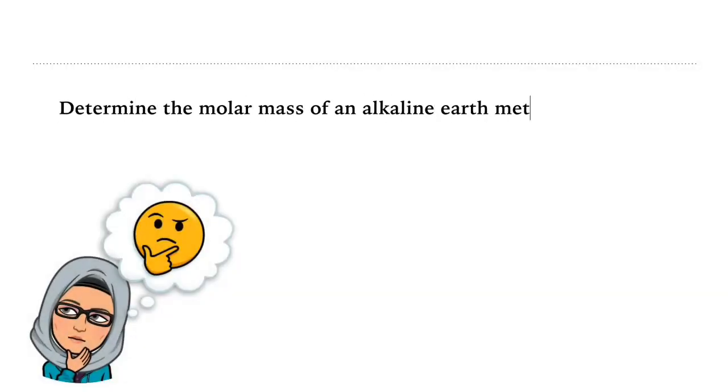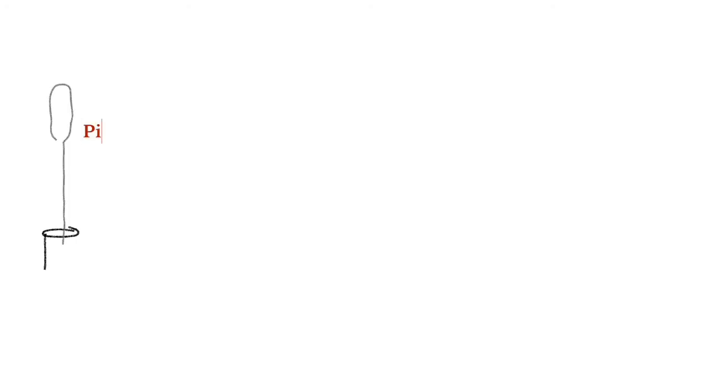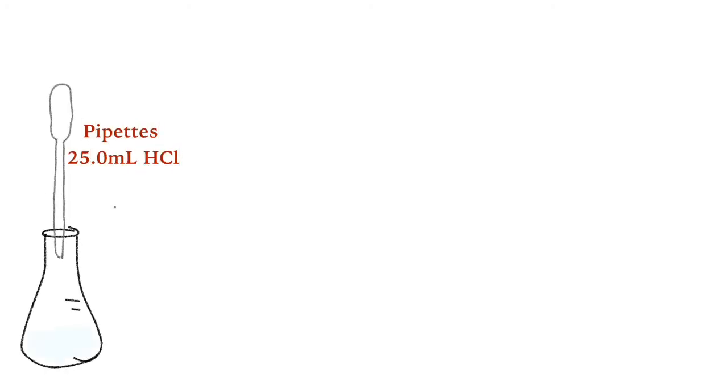How to answer the second objective, which is to determine the molar mass of an alkaline earth metal by the back titration method. First, you need to pipette 25 ml of hydrochloric acid into a conical flask.